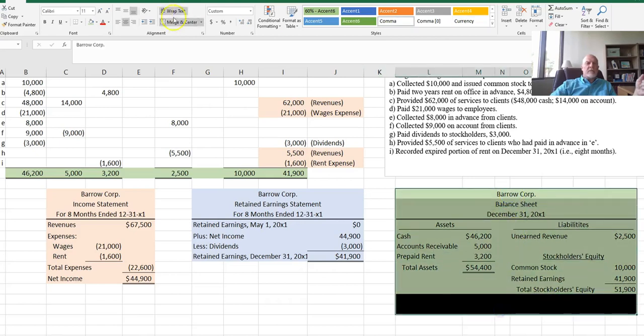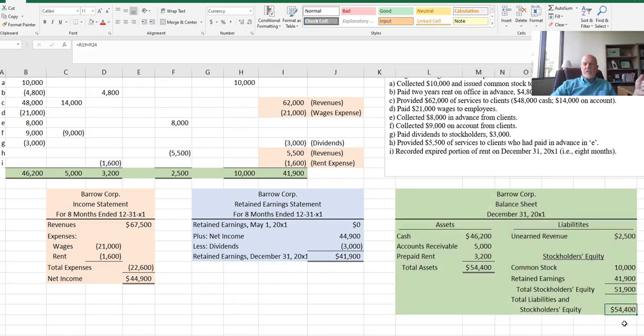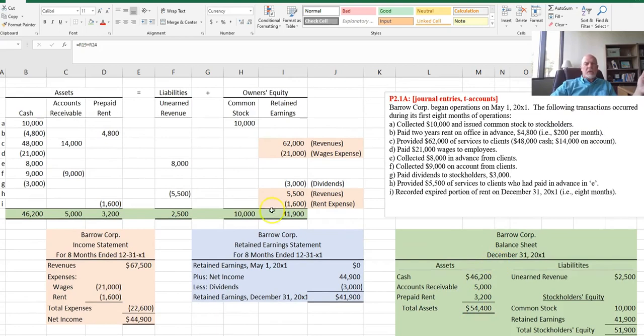And if we add that to the liabilities, total liabilities and stockholders' equity is $54,400, which is the same as the total assets. So we recorded everything in all the transactions in the accounting equation. We totaled it up, and then we summarized all of this information in the chart on the financial statements.